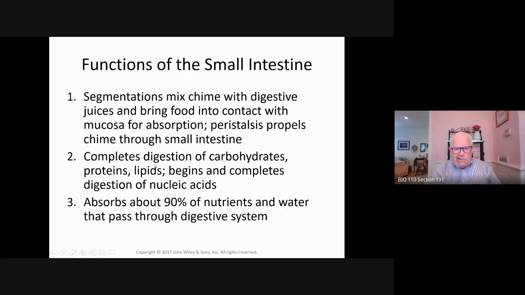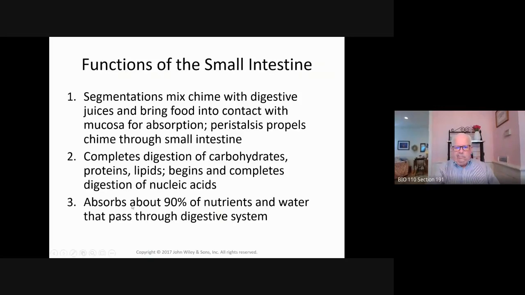The small intestine completes the digestion of starch, proteins, fats, and begins and completes the digestion of nucleic acids. What does that mean? That means that nucleic acids are only digested and completed in the small intestine.